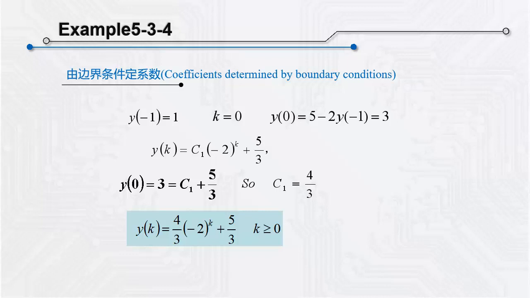So y of -1 is equal to 1 based on the boundary condition. We can iterate to get the initial value at k equals 0, and that brings us to the analytic expression for the total solution. So we know that C1 is equal to 4/3. Therefore, the total solution y of k can be figured out.